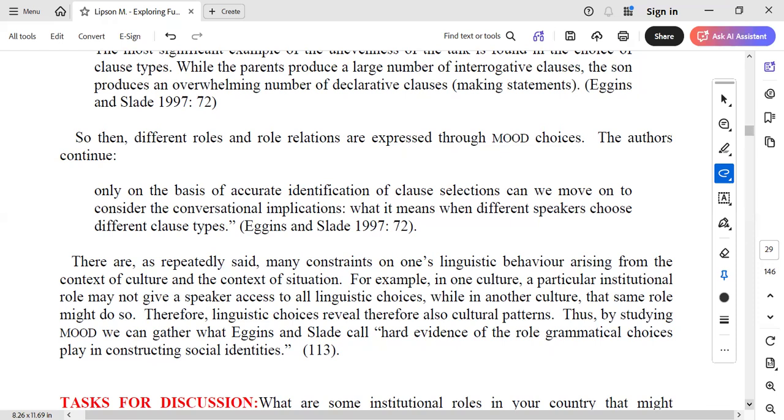Why? Because you are not supposed to give instructions to your parents. Is that clear now? So that means your social roles also shape your language, and they decide what resources you are going to use and which you are not going to use when you're conversing. Do you understand this point?